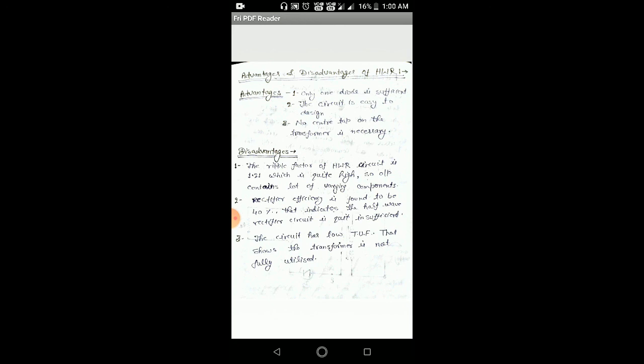Second, the rectifier efficiency is found to be 40%, which indicates the half-wave rectifier circuit is quite inefficient. And third, the circuit has a low transformer utilization factor, which shows the transformer is not fully utilized.